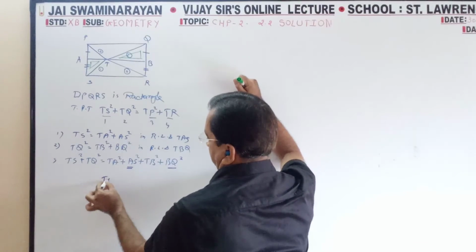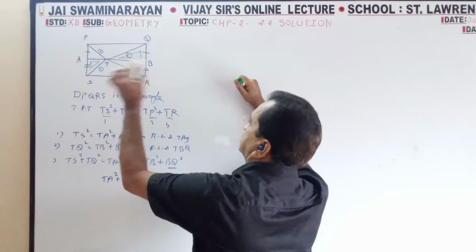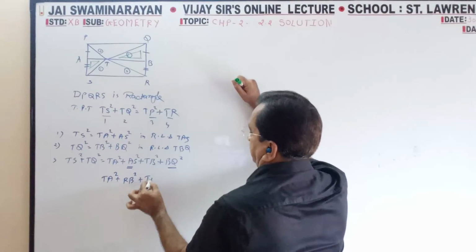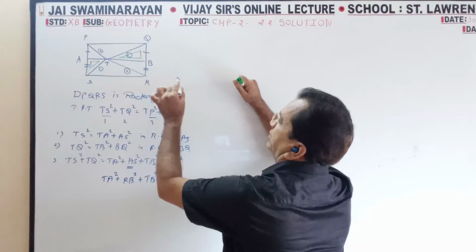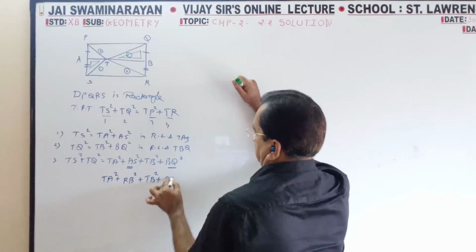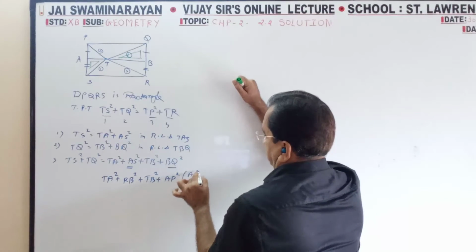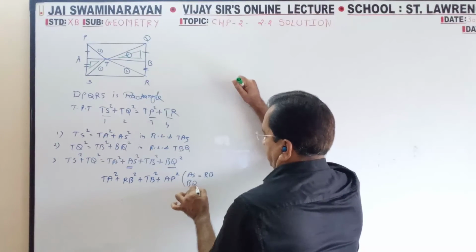Now TA square. AS means RB square. TB same. BQ means AP square. What I have done: AS is equal to RB, and BQ is equal to AP.